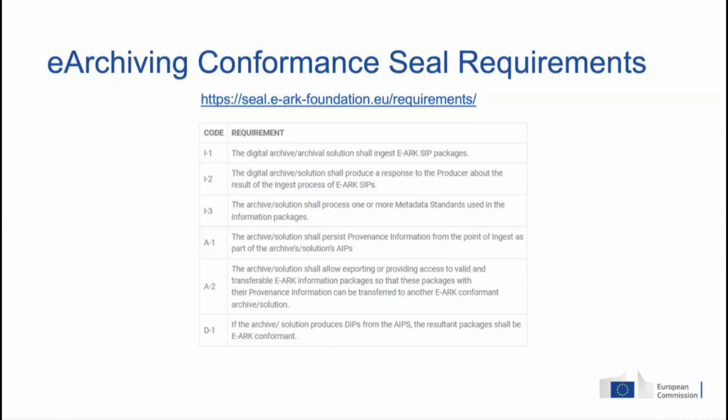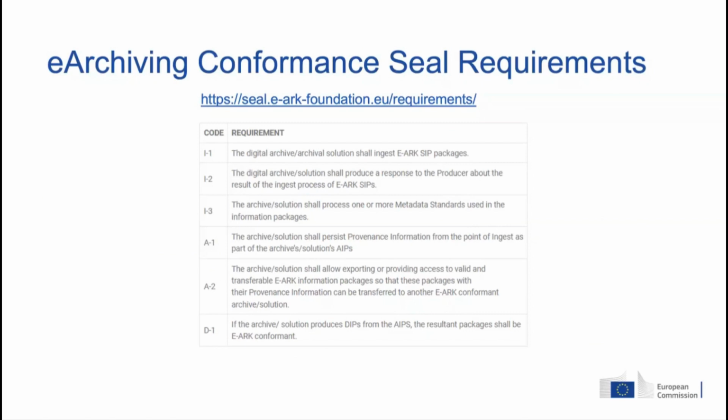There's the validation service itself, which is currently hosted at openpreservation.org. There's just the first page of this form, which you need to fill out to do the self-assessment. You fill out the online application for the conformance seal, and hopefully many of you will get the seal granted from the European Commission.